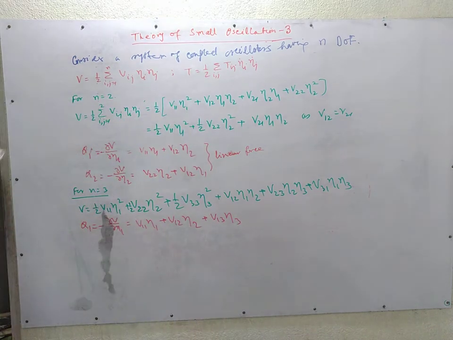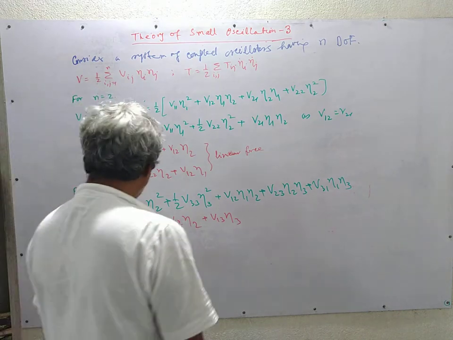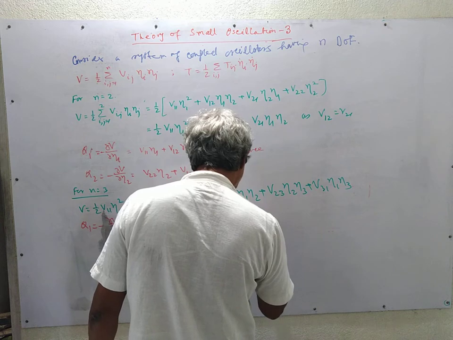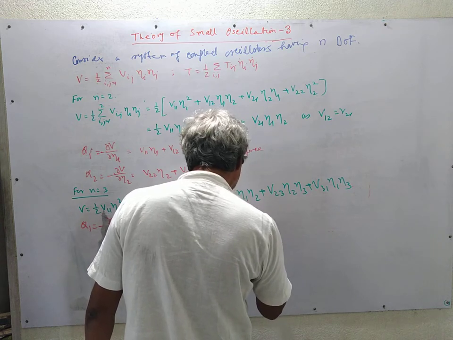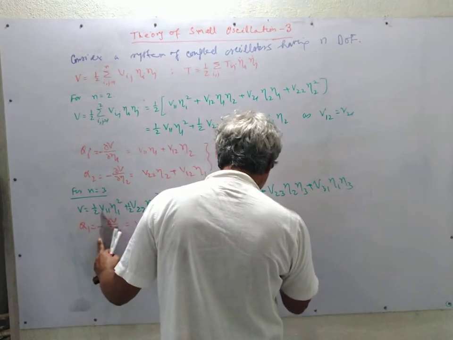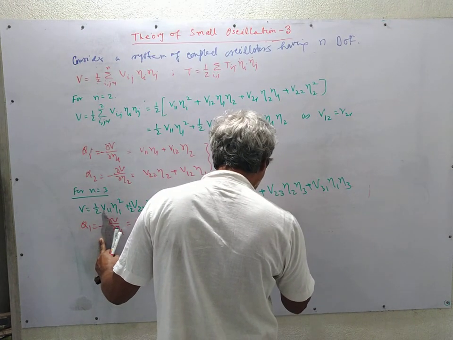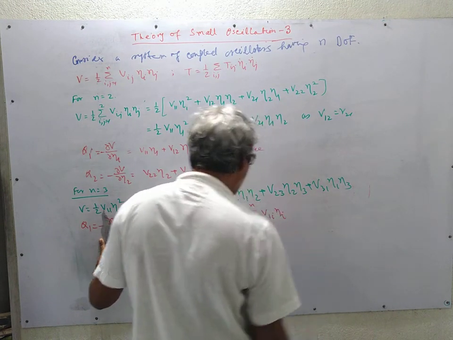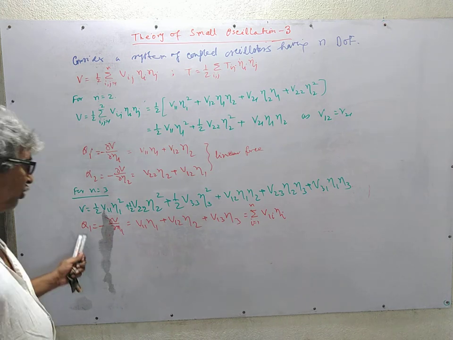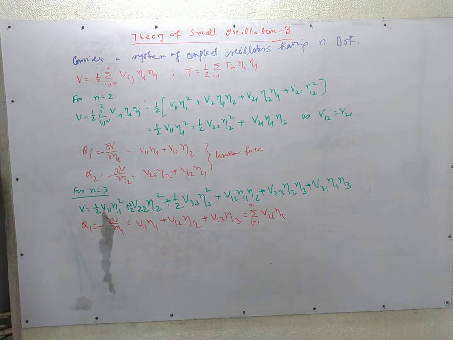So we can write the force Q1 as summation over i is equal to 1 to n, V1i eta i. So this is the force acting on the particle. Similarly, we can apply this for degrees of freedom 2 and 3.